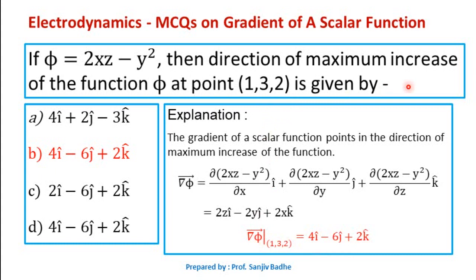So the direction of maximum increase of function phi at point (1, 3, 2) is 4 i cap minus 6 j cap plus 2 k cap. Now this is available in option number B, and therefore option number B is the correct answer.